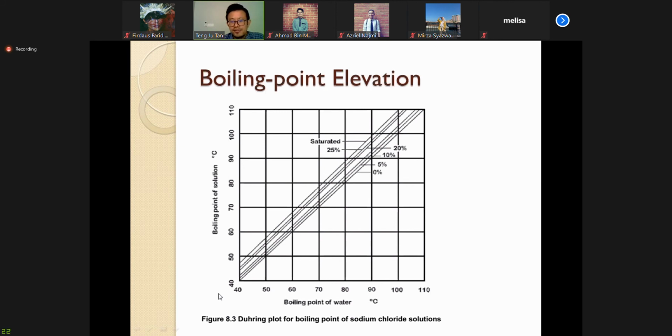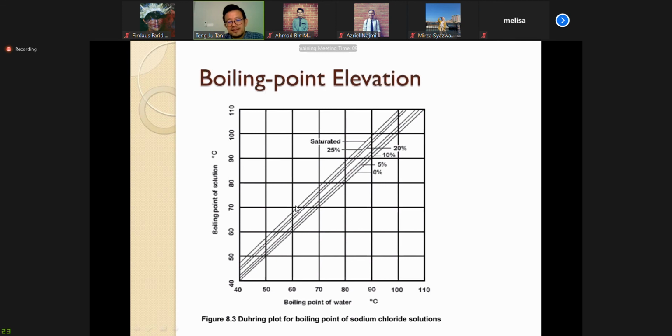All right. So one thing we can read from this chart is that at various pressures, for the saturated or the different concentrations of sodium chloride solutions, their boiling points are higher.